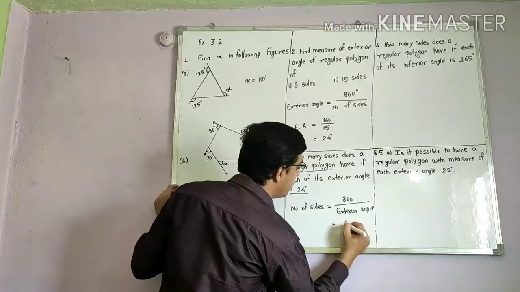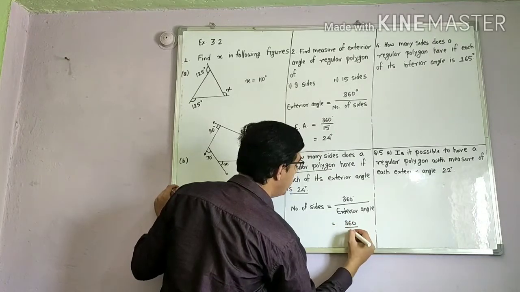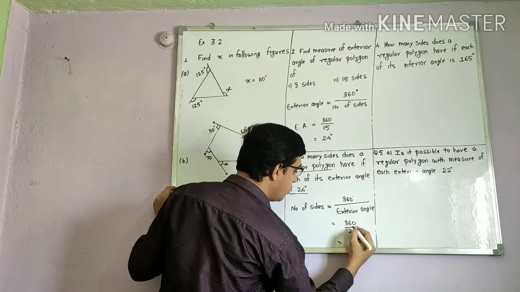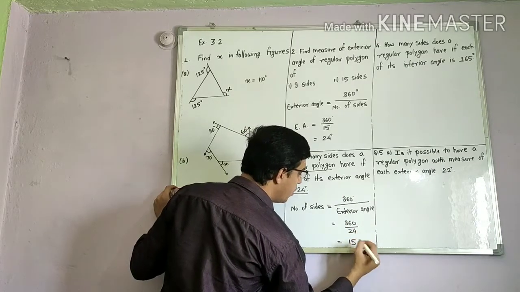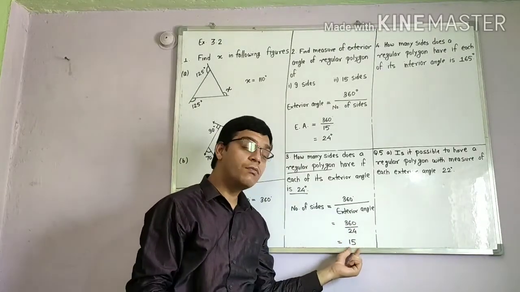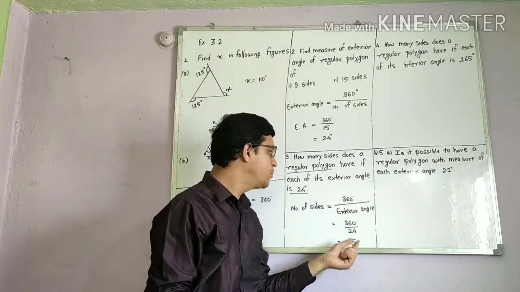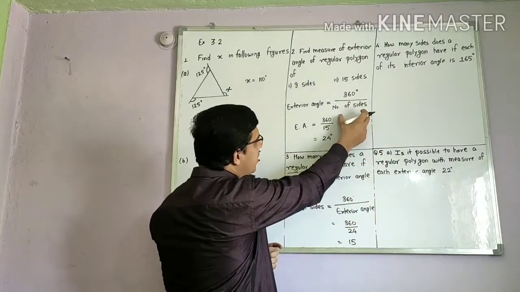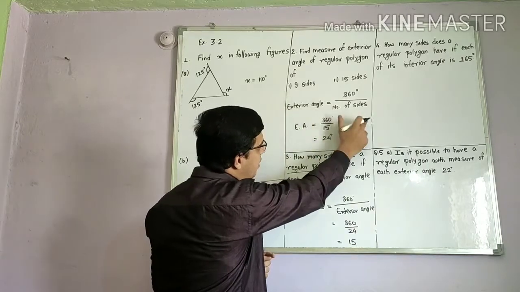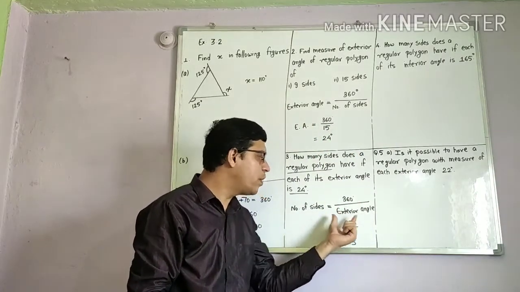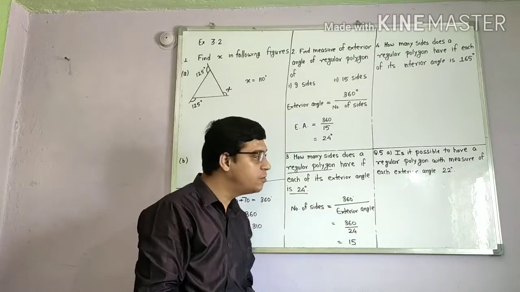So this will be 360 upon 24, the angle given. So when you solve, you will get 15. So our regular polygon is having 15 sides. So this is how you have to find. If number of sides are given, use this formula to find exterior angle. If exterior angle is given, use this formula to find number of sides.